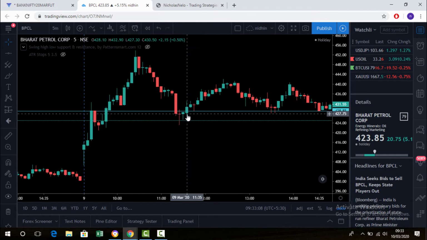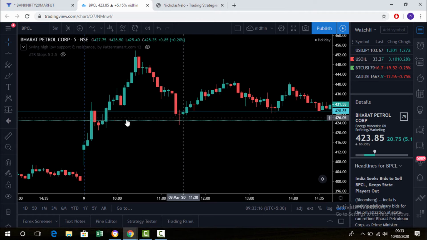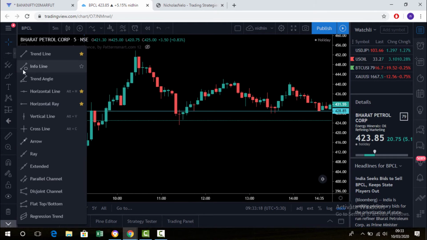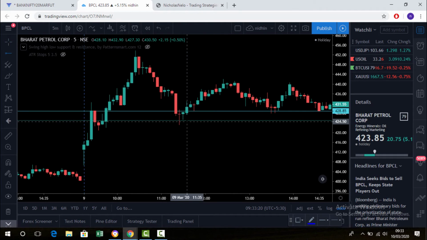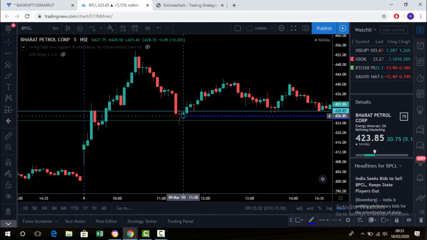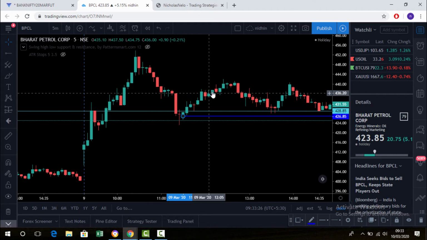Then the market reversed and another candle breaks and closes above the level, so you can buy at the closing price, that means 430.55, and the same candle low. Most of the people are asking where we should place the stop loss. You can place the stop loss below the same candle low, then you can take the buy here. So it's going up only.